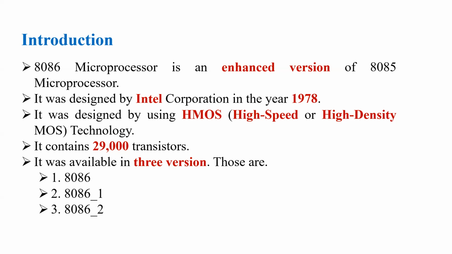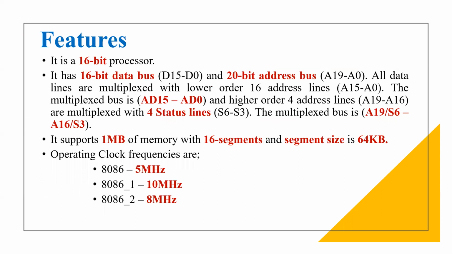Next, I straight away enter the features of the 8086. The first one is, it is a 16-bit processor. Here, the meaning of 16-bit is that the word length of this processor is 16 bits. That means it can do arithmetic and logical operations on a maximum of 16 bits.